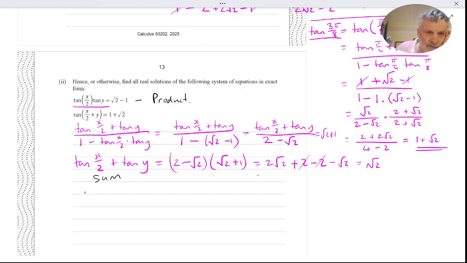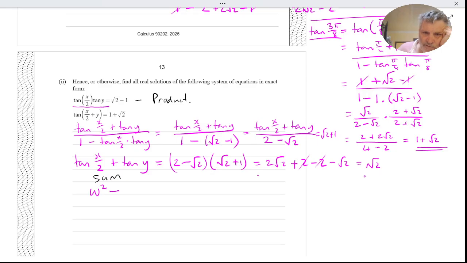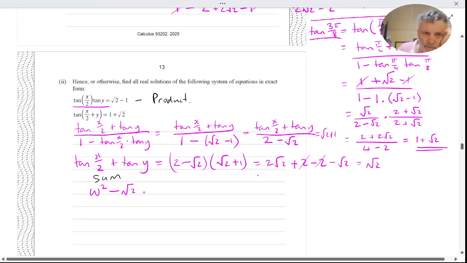So we could write out a quadratic equation. We've got x's and y's, so we use w squared minus the sum of the roots, the sum of the two things we're trying to find is root 2, and plus the product is root 2 minus 1.